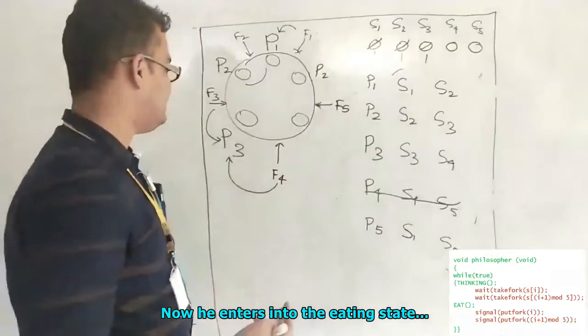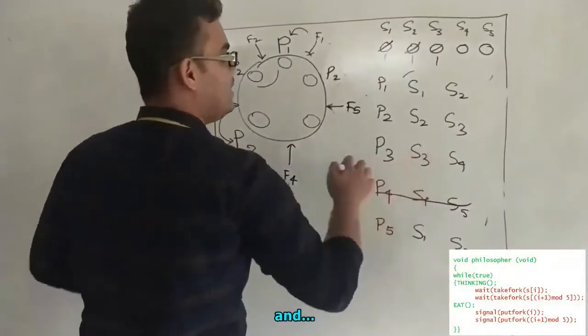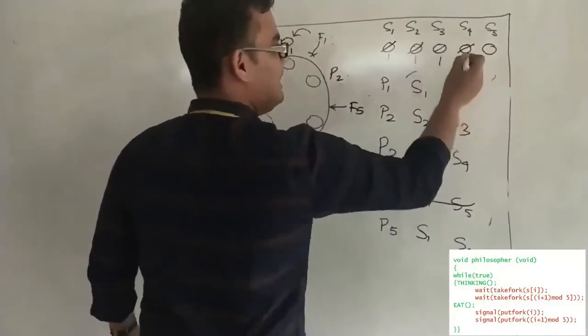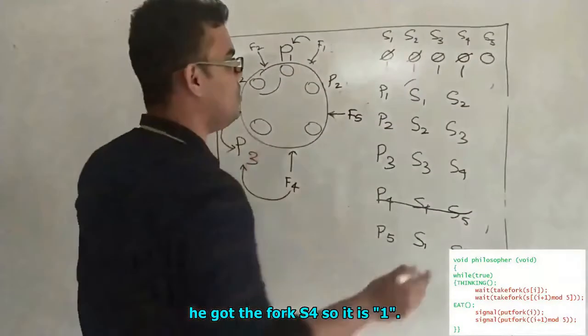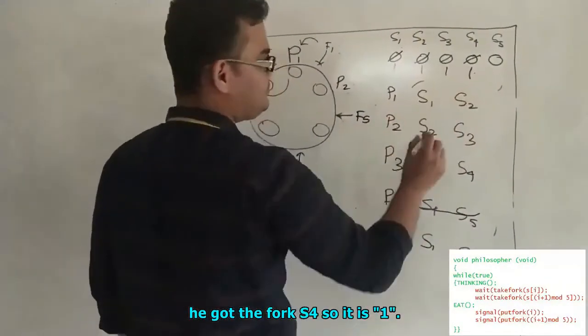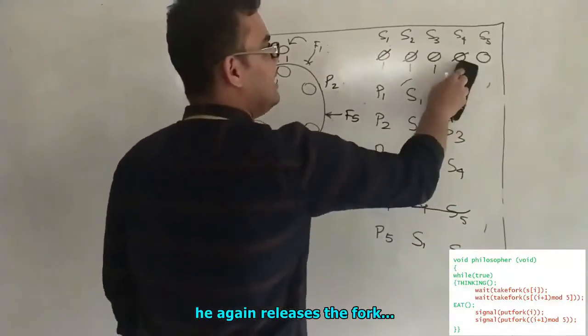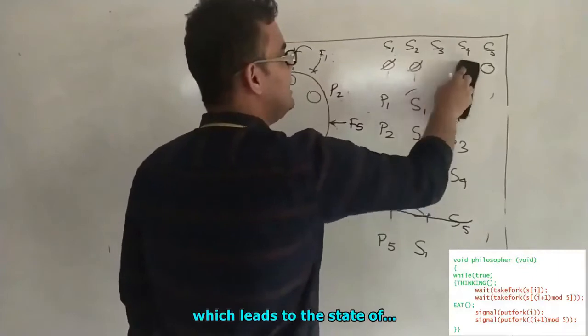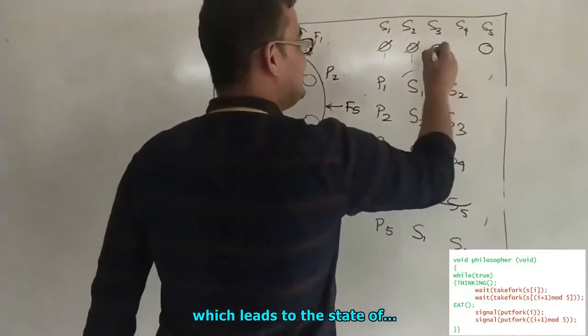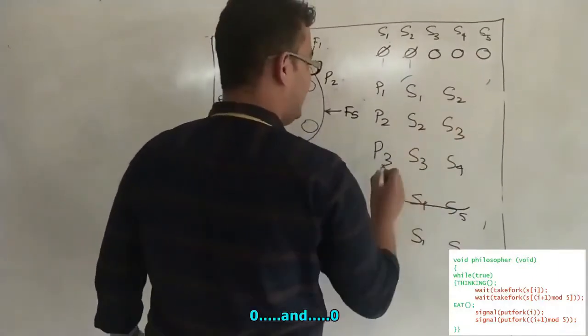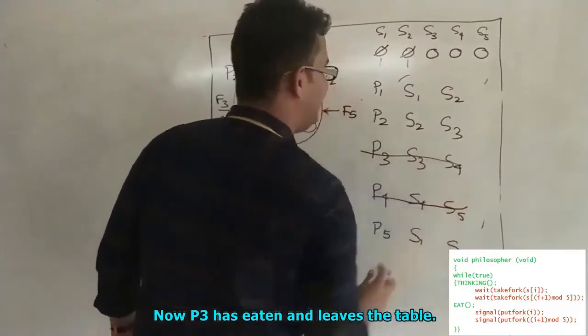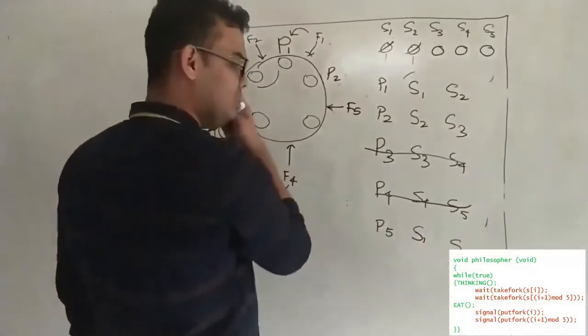Now he enters the eating state, and he got the fork S4, so it is 1. After eating, he again releases the forks, which leads to the state of 0 and 0. Now P3 has eaten and leaves the table.